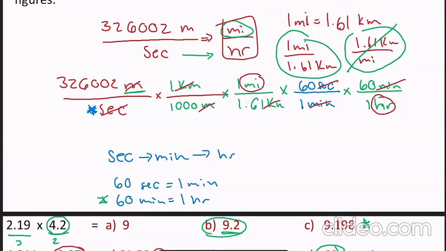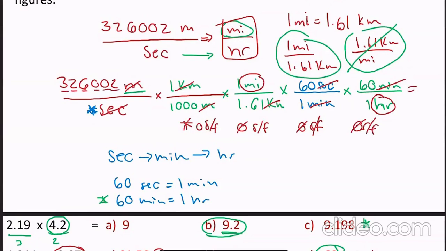326,002 divided by 1,000 divided by 1.61 times 60 times 60. Let's see, conversion factors have infinite significant figures, so that leaves the given number, 1, 2, 3, 4, 5, 6 significant figures.